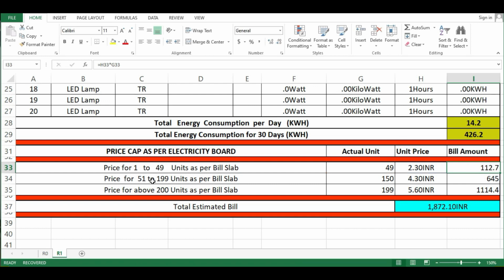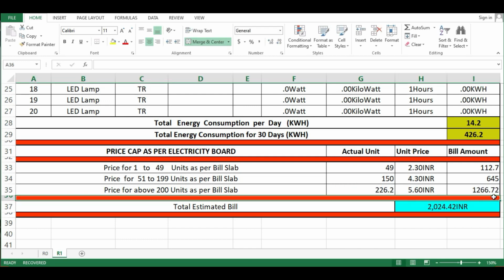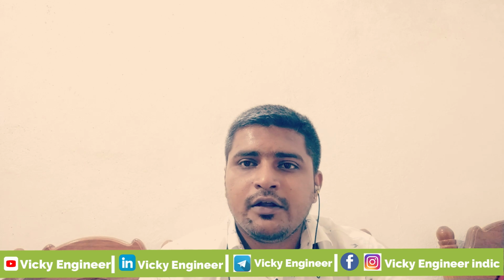Next, 51 to 199 units, we have entered 150 over here, and that price slab is 4.30 per unit, so it comes to 645. Next, 150 plus 50 totally comes to 200. So the left unit is 226.2, so it comes to 1266.72, and the total comes to 2024.42 INR.